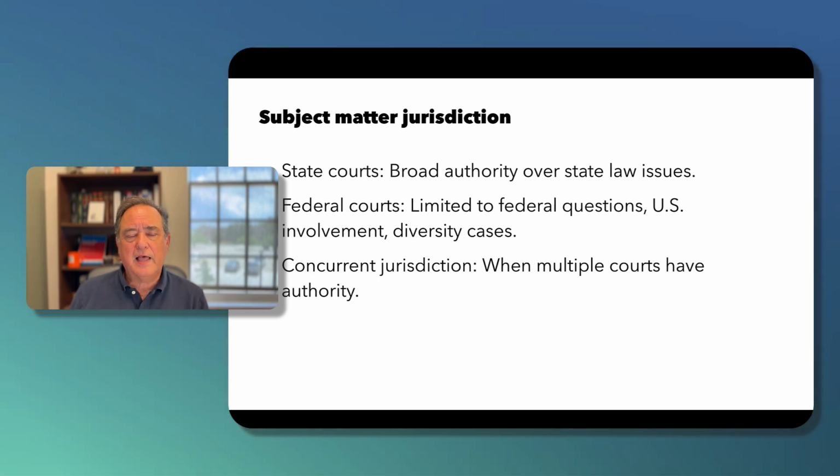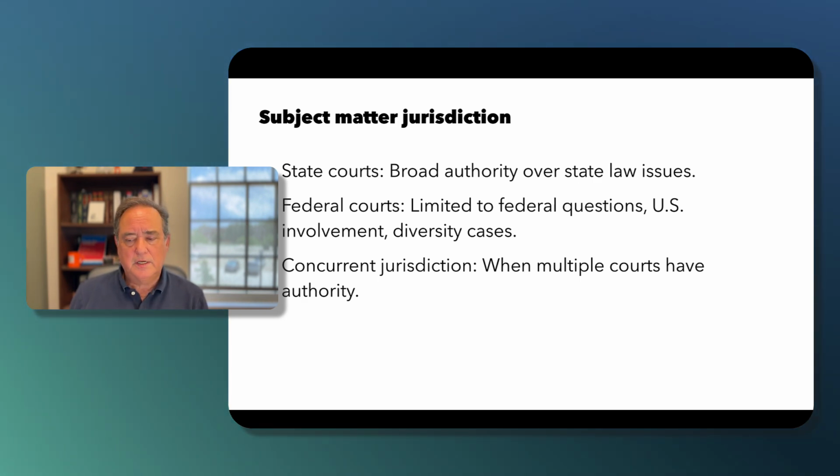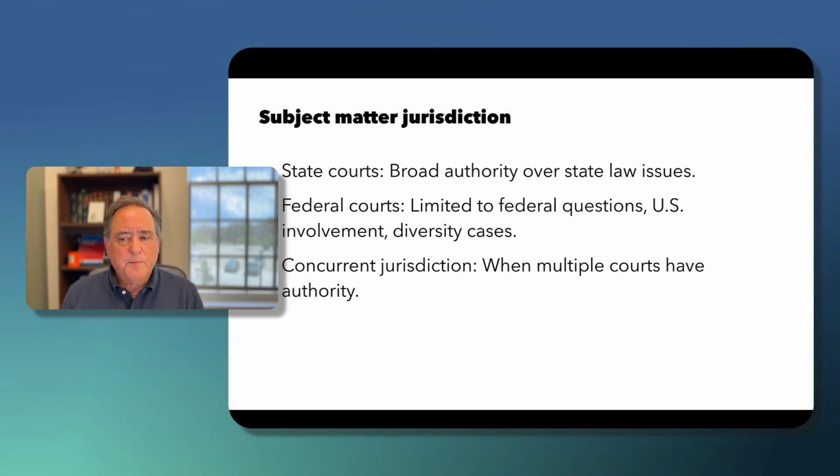Multiple courts will have both subject matter jurisdiction and personal jurisdiction. And when multiple courts have authority, oftentimes there is a question as to which court should hear the case. So even though a case may involve citizens of different states, even though it may involve a federal question, it may still be heard in state court.